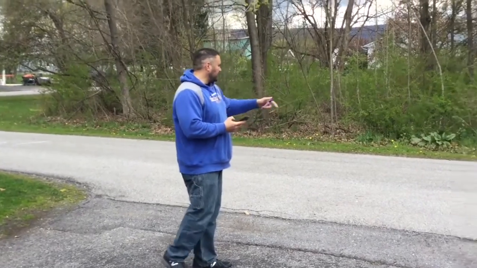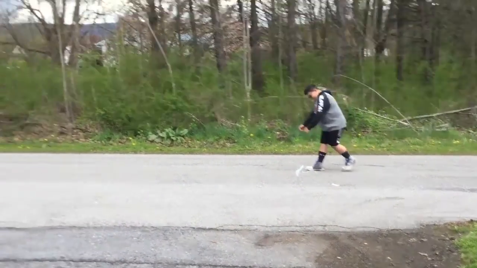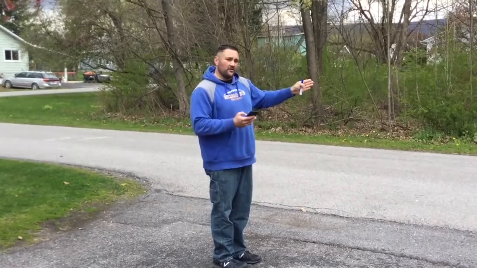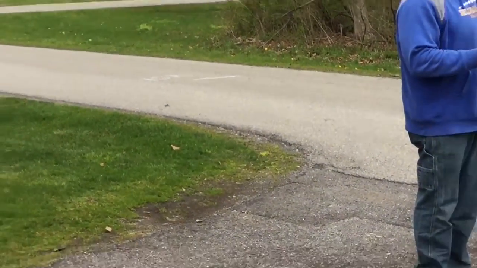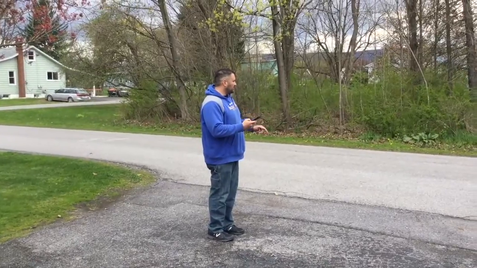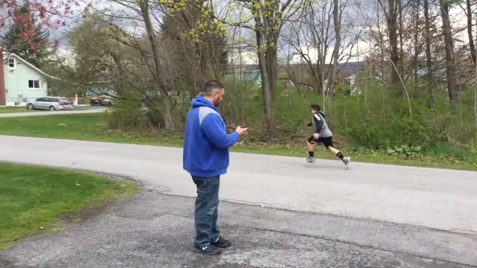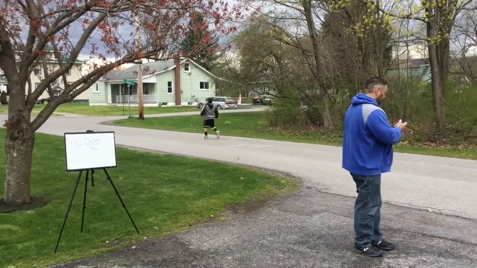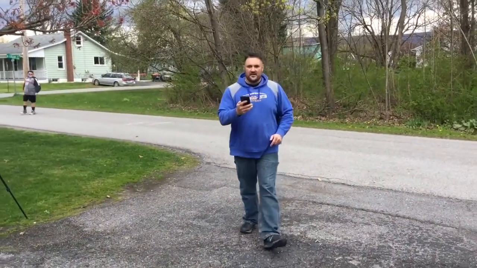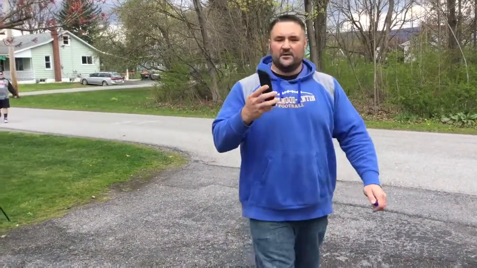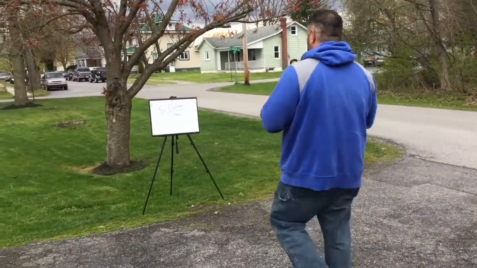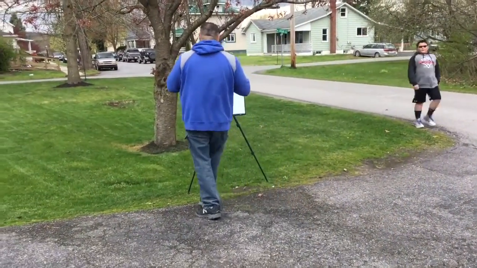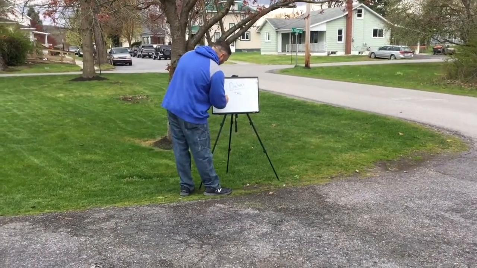So Bryson, go ahead, get to the starting point. At the starting point, distance is 0. At the final point at 10 meters, this is the final distance, we're going to take the time. All right, for those of you playing along at home, he ran that in 2.58 seconds. For our purposes, we're going to go ahead and round that.